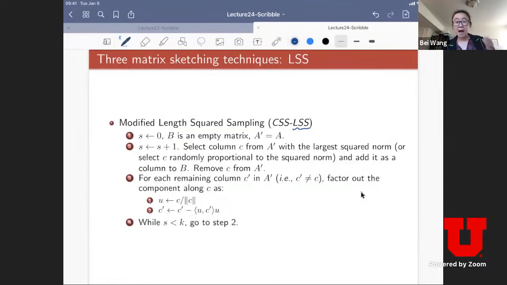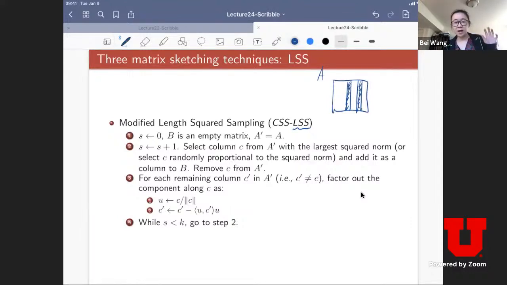So what is the high level picture? I have a matrix A, and I want to select a subset of the columns of A to be used as my basis vectors. In order to select, the high level picture is to select the column that has the largest norm, the largest squared norm. There are two variations, of course.